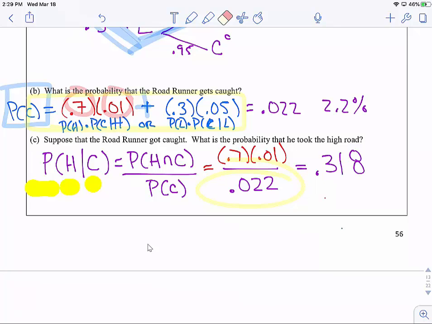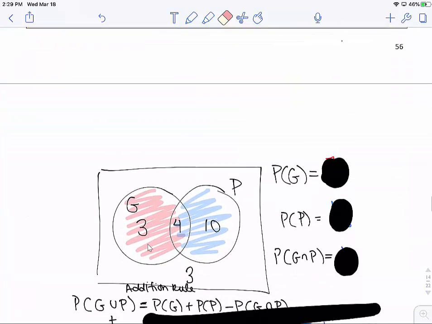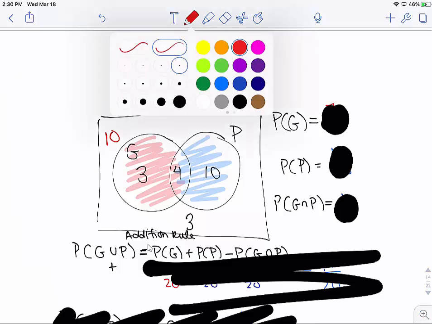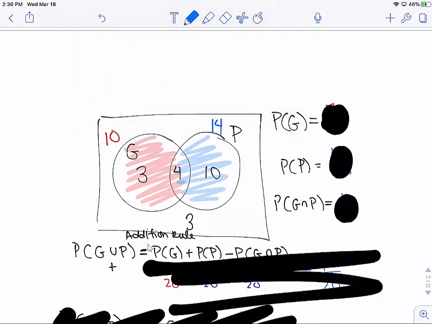I wanted to go on the side a little bit and just talk about how you could have done this without using the formula. If you are ever given a picture or a table, you do not need to use the formula. So here's a story problem. I have 10 people who own a garage, and I have 14 people that have a pool, and I have 4 that have both. So that would be garage and pool.